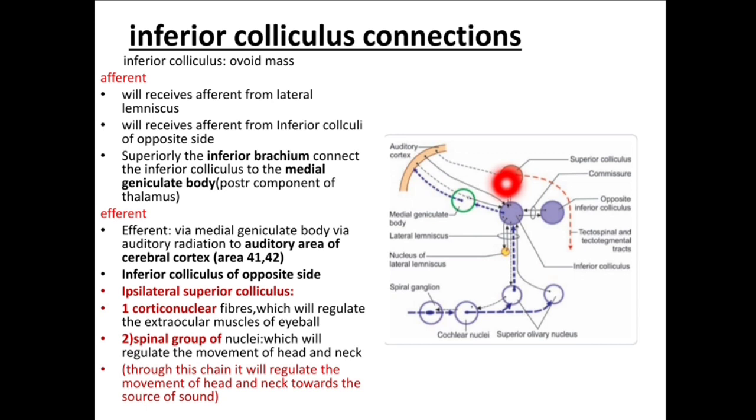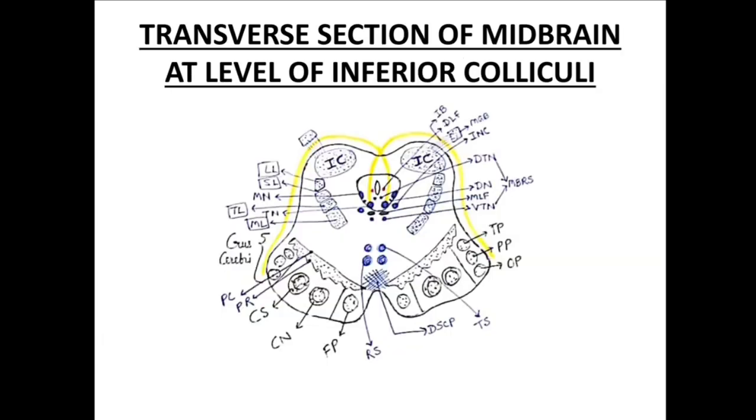Corticonuclear fibers will regulate the extraocular muscles of the eyeball, and the spinal group of nuclei will regulate the movement of head and neck. So through this chain it will regulate the movement of head and neck towards the source of sound. This is all about the transverse section of the midbrain at the level of the inferior colliculus.